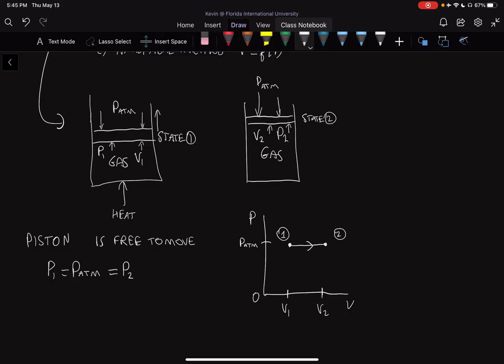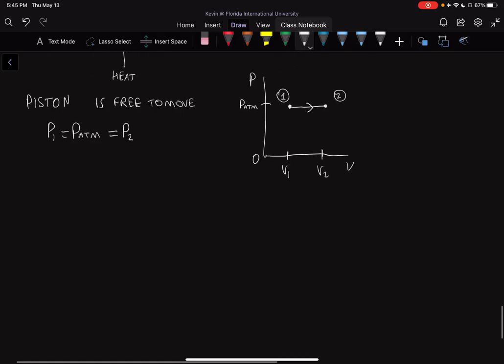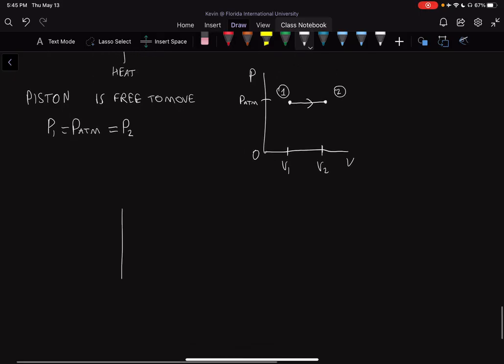Now, what if we said let's do something different? Let's have a piston cylinder assembly and let's have our position 1 like this, and we're going to add stops to our system. So we're going to add little stops that are going to stop the piston from moving up. And now what we're going to do is we're going to heat it. So we're going to add heat to the gas.